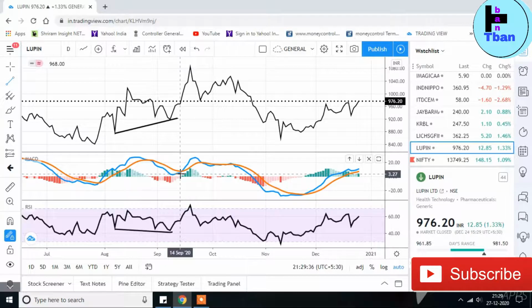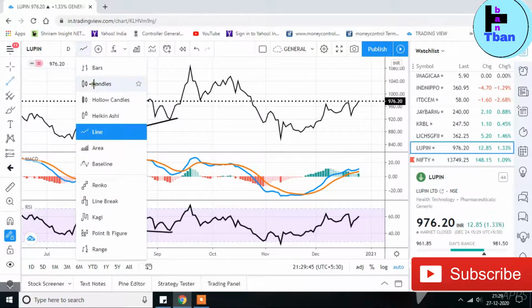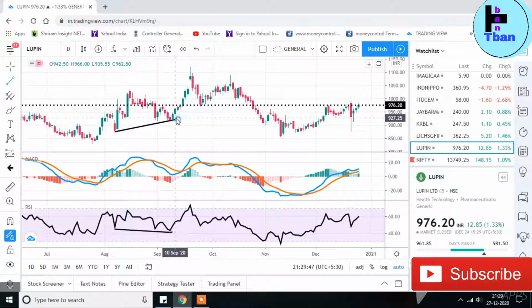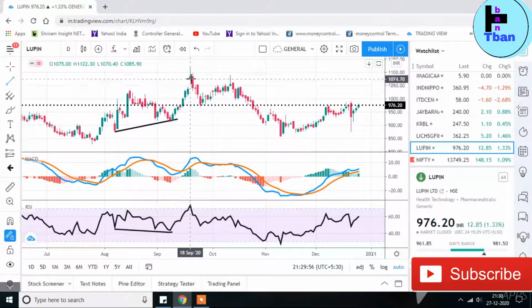Here you also see the line is higher high, but this is the flat. Also watch it deeply. Besides this, the MACD line crosses the signal line. Follow the movement. If you take the stock from this point, that is here the candle is 935 to 965.